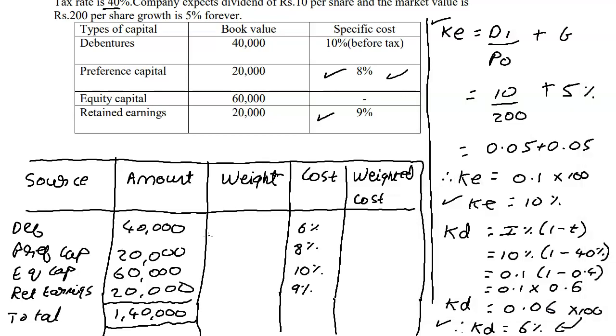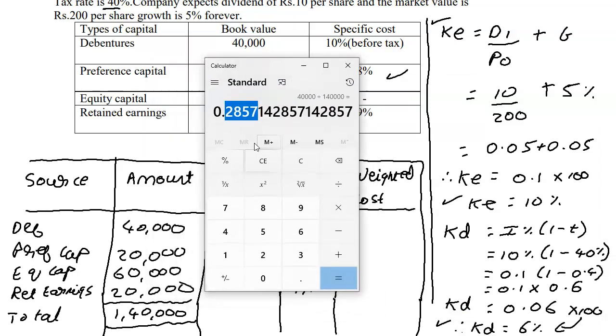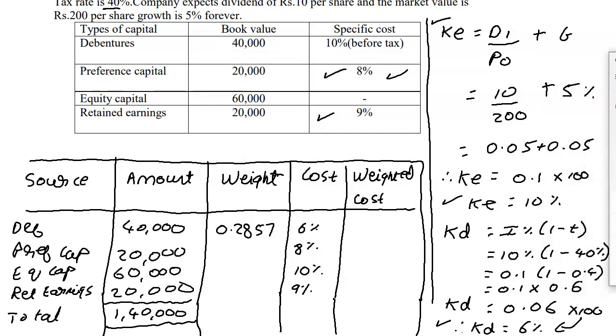0.2857. Frankly, 2 decimal places is killing it, but still let's do it. Similarly, 20,000 upon 1,40,000 should be half of what we just wrote, but let's recalculate. 0.1428, and this is 5 or more than 5, so we'll make it 0.1429.